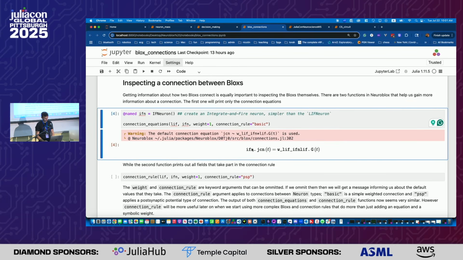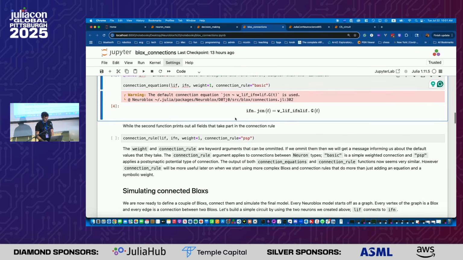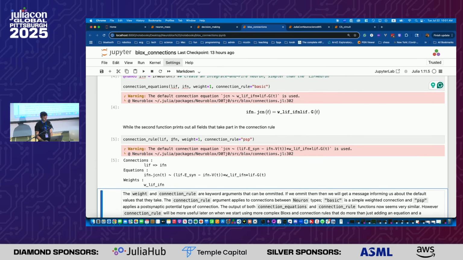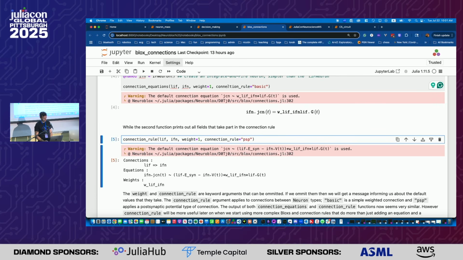The connection equation for this junction is very simple: the integrate and fire neuron is taking in some weight times a conductance. There are two different types of connection rules here, this basic connection and this PSP connection, and they can act differently.